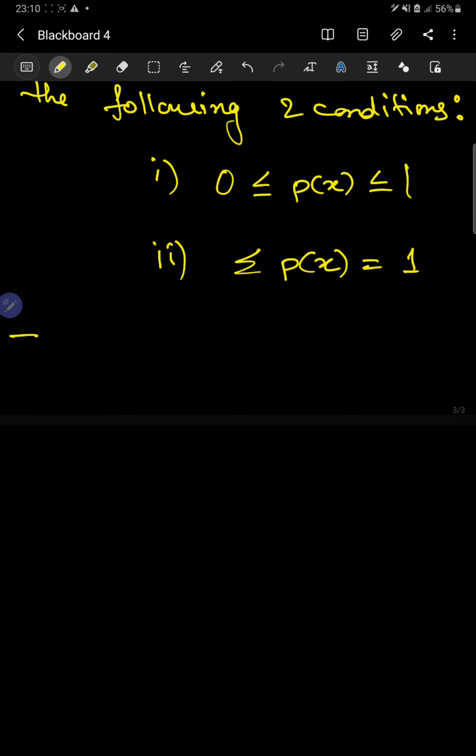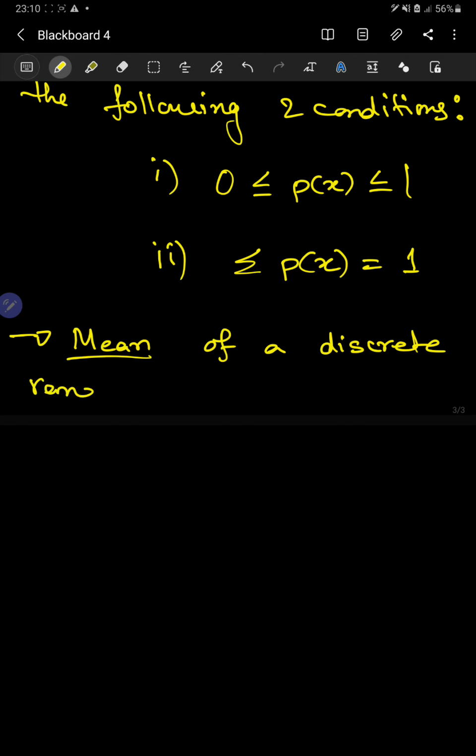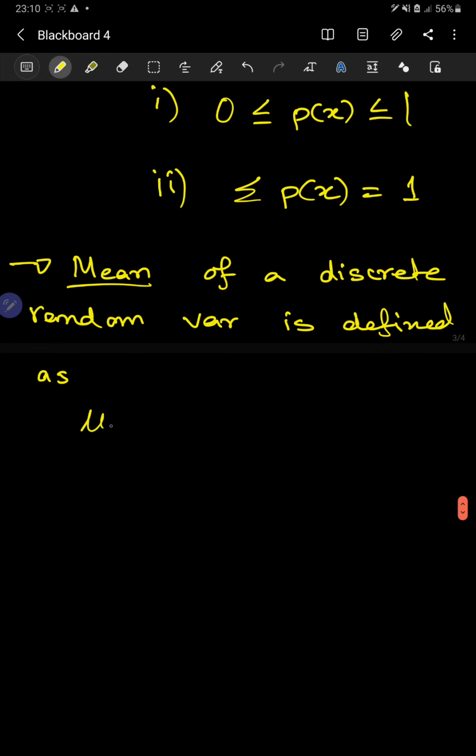So now let's go to define another thing, that is the mean of a discrete random variable, which is defined as mu equals the sum of x times p of x.